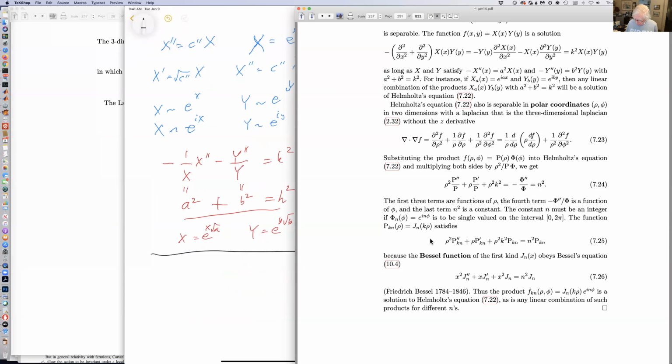If you want, in the phi plane, going around from 0 to 2 pi, to avoid a cut or a discontinuity here, then in e to the I n phi, what you want is n to be an integer.